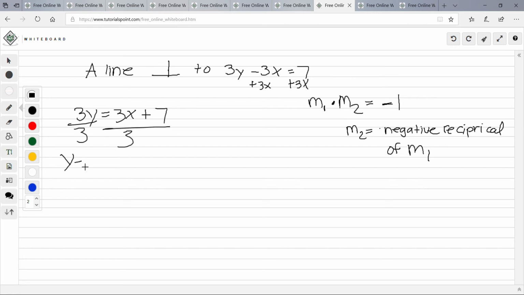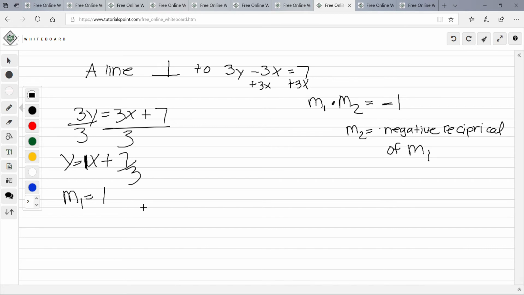So y equals x plus 7/3. Looking at this equation, what is our slope? Whenever it's just x, there's always an invisible 1, so our slope, m1, is just 1.